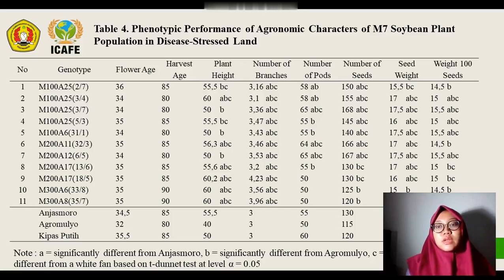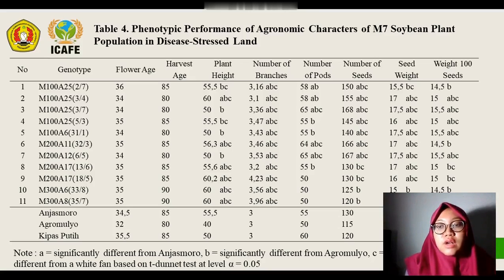2 genotypes were not significantly different from the parental variety and Grobogan in number of pods, number of seeds, seed weight, and weight of 100 seeds character. Of all genotype tests, on each observation character, the 2 best genotypes were M100 A25 3/7 and M200 A12 6/5.